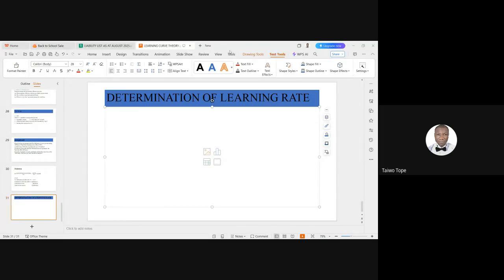Let's put that down. Is a rate that shows the percentage by which the average time or cost per unit falls each time cumulative production doubles.